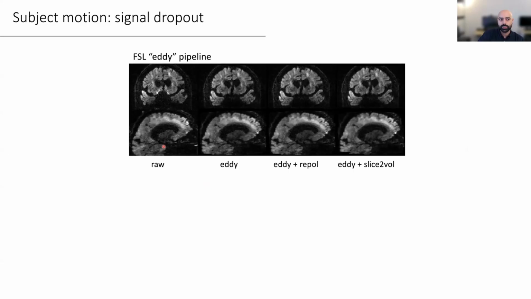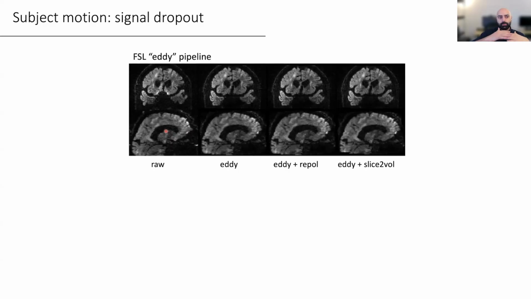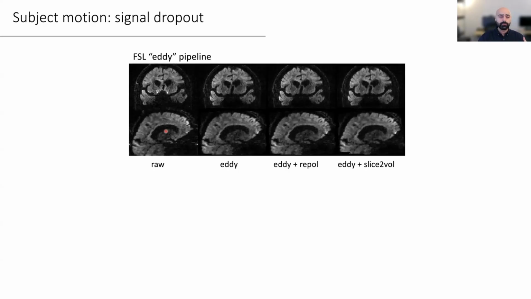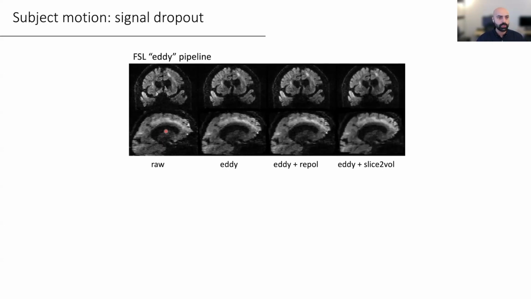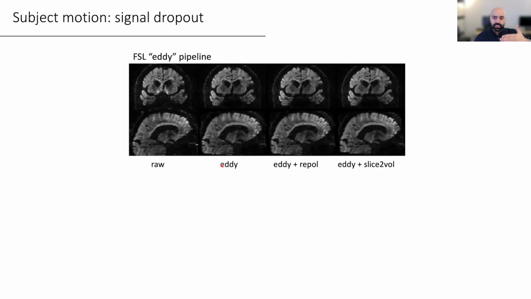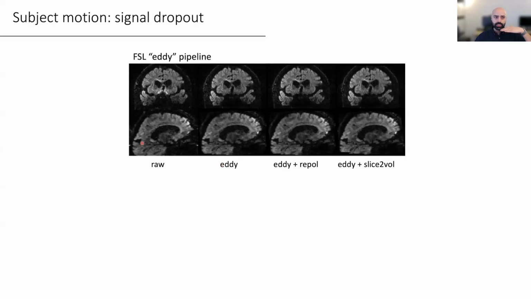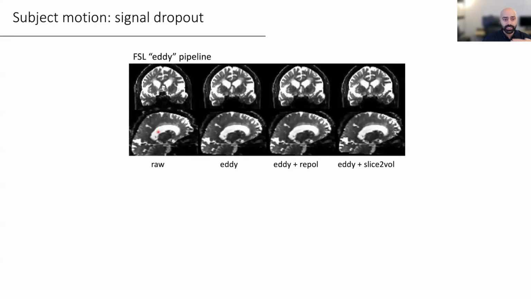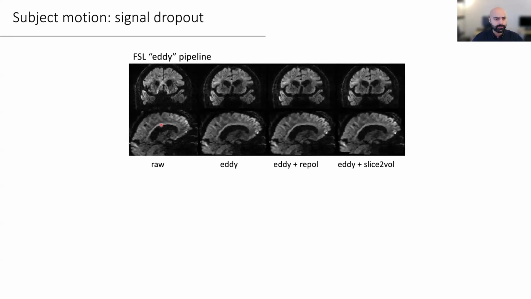On the leftmost side, you see the raw data, and you notice that every now and then you have these volumes with a zigzag pattern, bright, low, bright, low slices. That's the effect you get when the subject moves during that volume's acquisition, when seen perpendicular to the acquisition axis itself. We acquired the data in axial slices, and here we're cutting through in a coronal or sagittal view, so we see the effect where we lose the intensity in those axial slices.